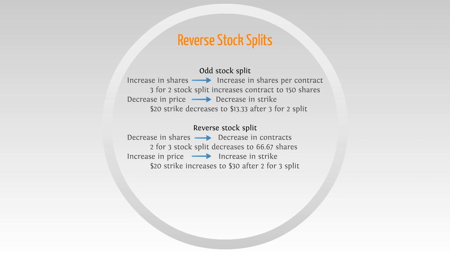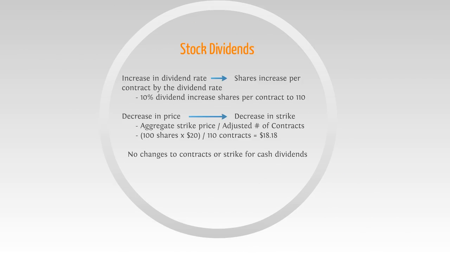We can see that for an odd stock split here. We have a 3-for-2 stock split. That's going to change our strike price to $13.33 and, conversely, increase our contracts to 150 shares. We can see that same effect no matter what, but the total is going to equal the same. So in our second example here, we have shares going down to 66.67 shares, but the price is going to go up to $30. So we get the same total.